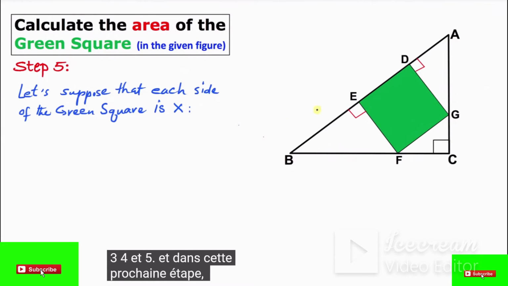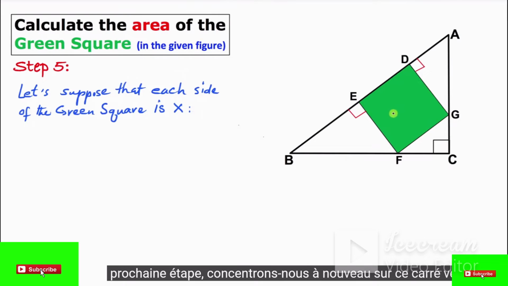And in this next step, let's focus on this green square once again.